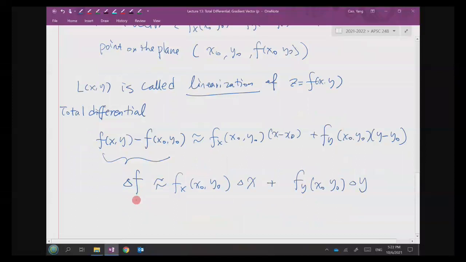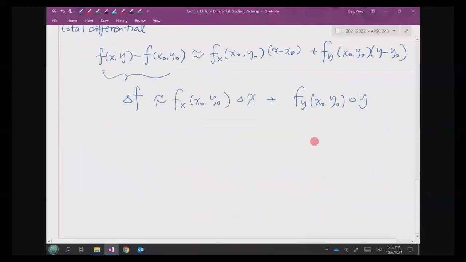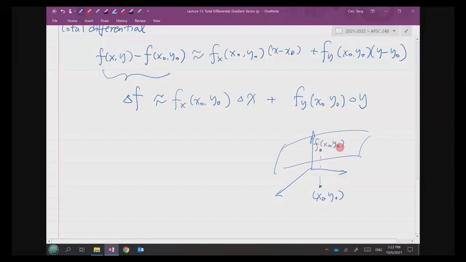To appreciate this expression, basically what it tells me is, if you start at the x₀, y₀ location, so you have it started here, then you are initially at this location on the surface, and now you move away from this location to a new location xy.